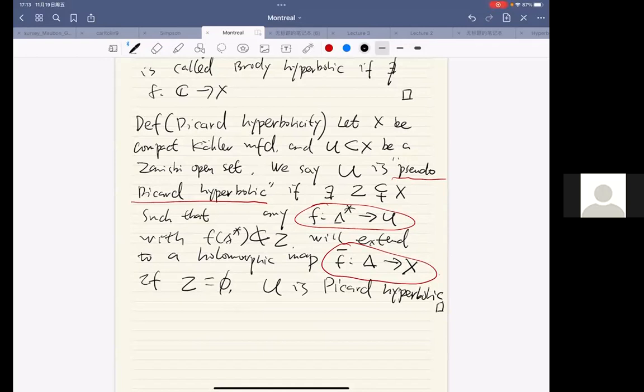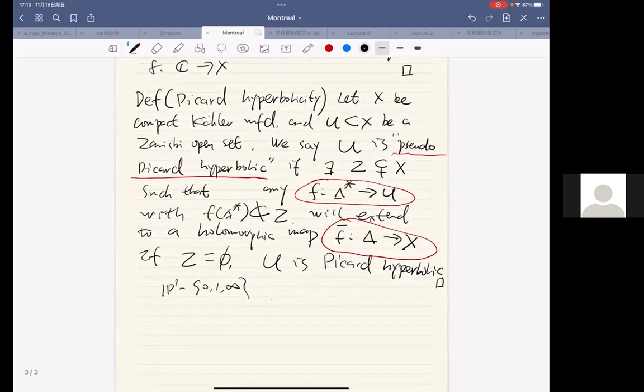So this is the definition of Picard hyperbolicity, and of course from this definition we know that P1 minus 3 points is Picard hyperbolic. But I come back to the question proposed: why do I need this Kähler assumption?